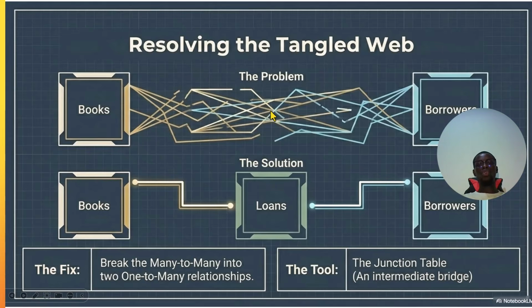So if we want to solve this problem, we have to create a table that we call a junction table, a bridge, in order for the tables to have a one-to-one or one-to-many relationship, because one-to-one is okay and one-to-many is okay, but we can't have many-to-many. So in order to solve the many-to-many, we need to bring in a bridge or a junction table. And why do we even call it a bridge or a junction table?